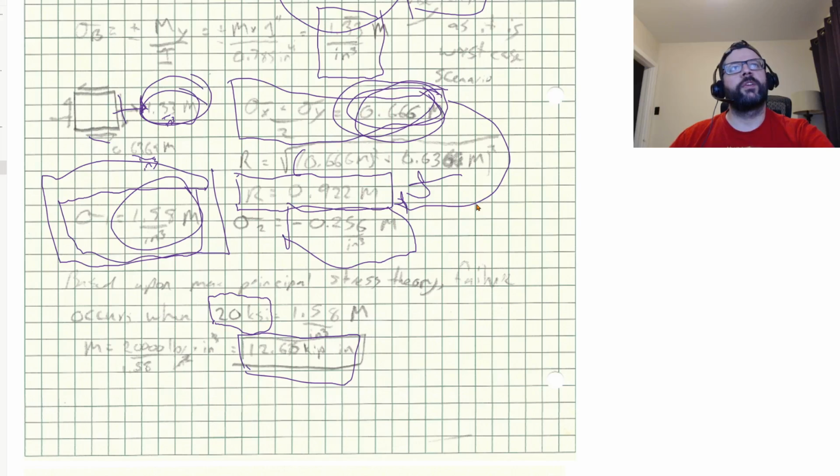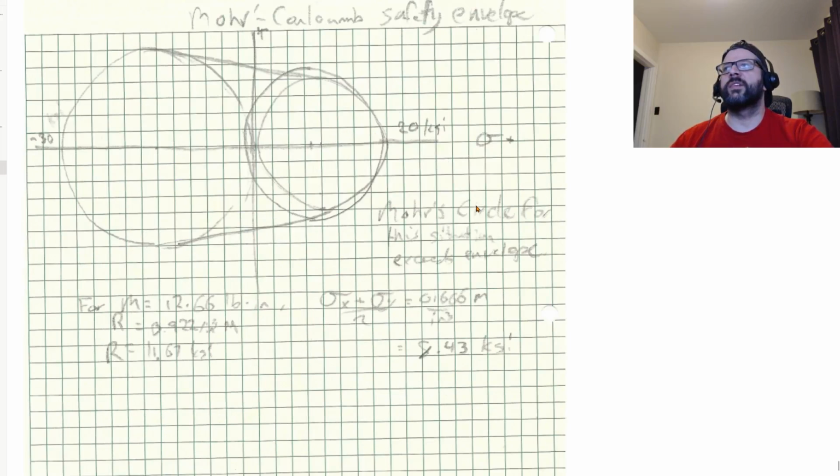So the second part of the question: is this still safe if we use the Mohr-Coulomb criteria? We draw a Mohr's circle for the compressive failure criteria, and we draw a Mohr's circle for the tensile failure criteria, and then we draw a line between the two.